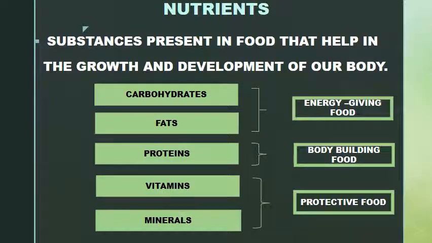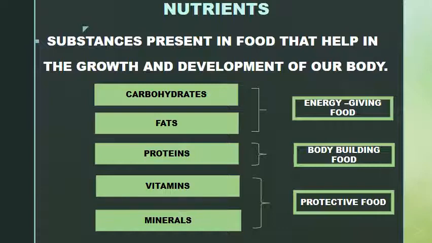Students, nutrients are substances in our food that are needed by our body for its growth, maintenance, repair and to function properly. You have already studied that there are five main nutrients: carbohydrates, fats, proteins, vitamins, and minerals. Carbohydrates and fats give us energy.